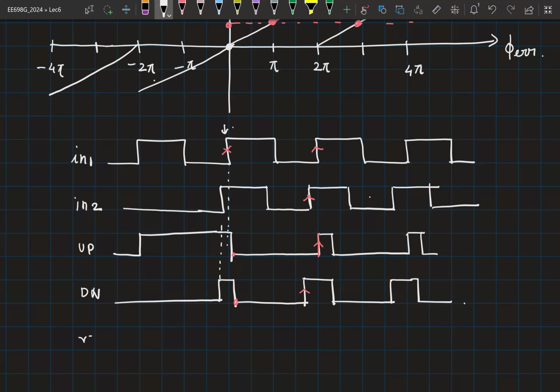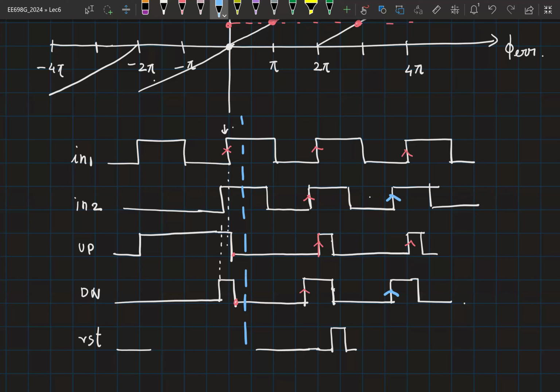And your reset signal will go high a T reset time after both of them have gone high. So they will come down at that instant. Now again, your up will go high corresponding to this. Your down goes high corresponding to this. Okay? So it is still detecting something, just that your average value is going to be different from what you had expected.